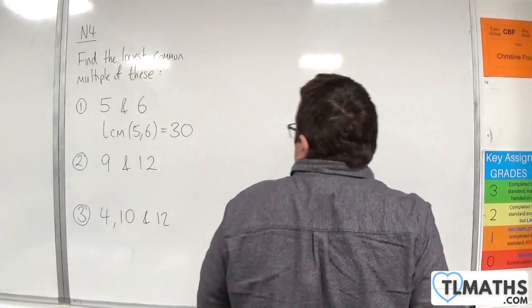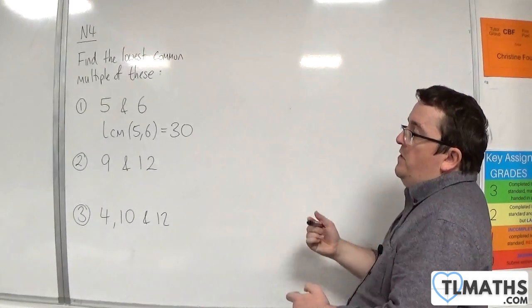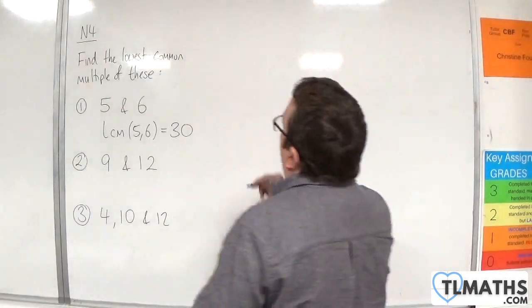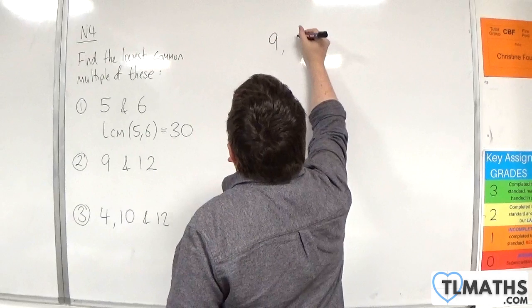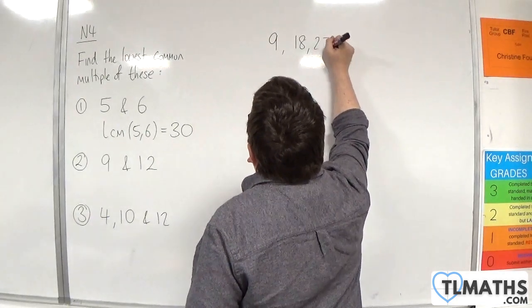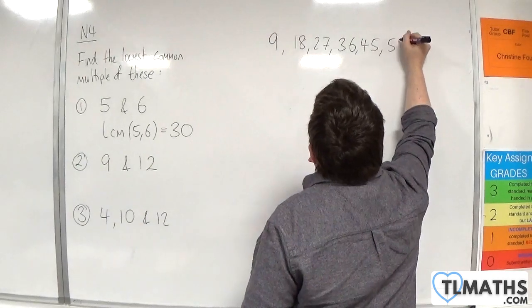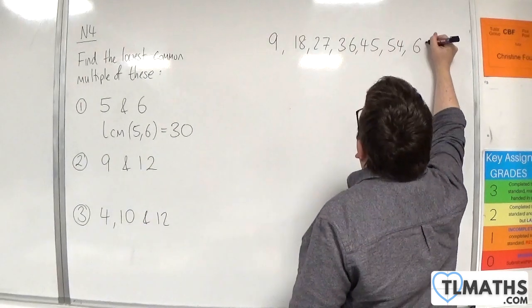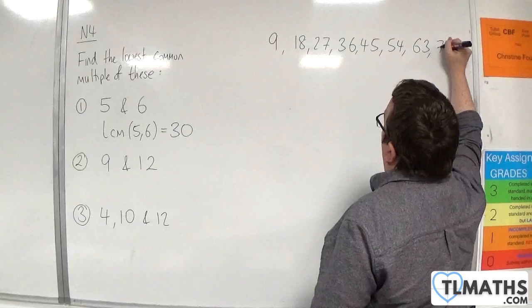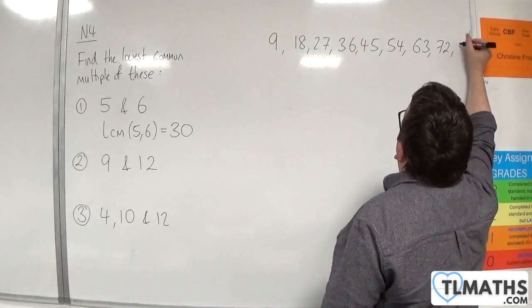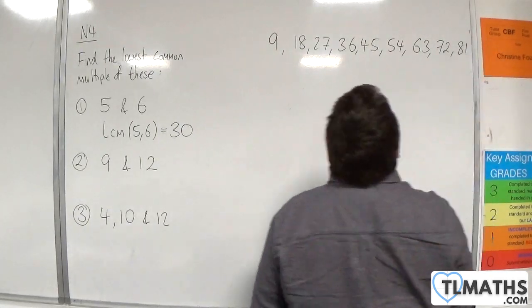Number 2, we're looking for the lowest common multiple of 9 and 12. So 9, 18, 27, 36, 45, 54, 63, 72, 81. Okay.